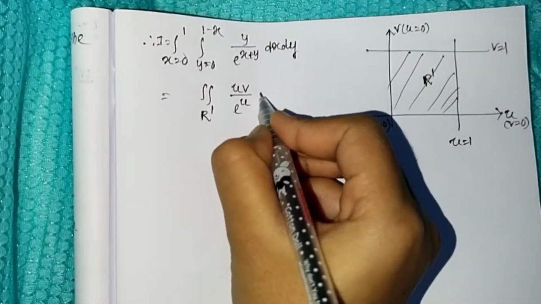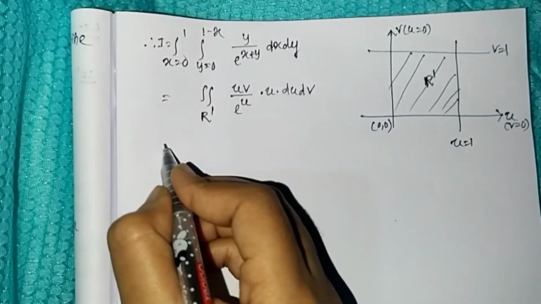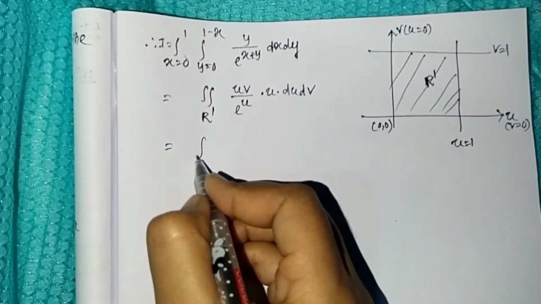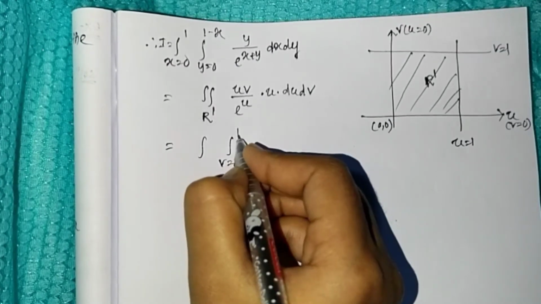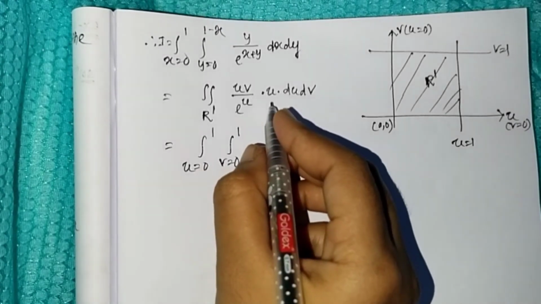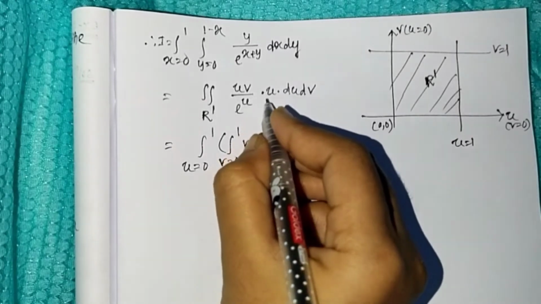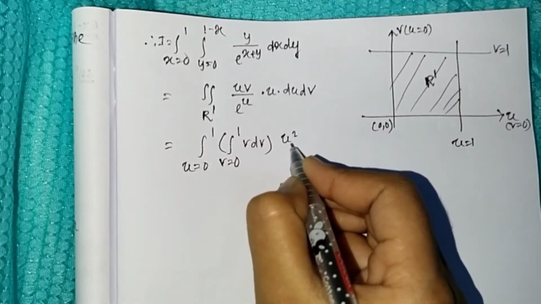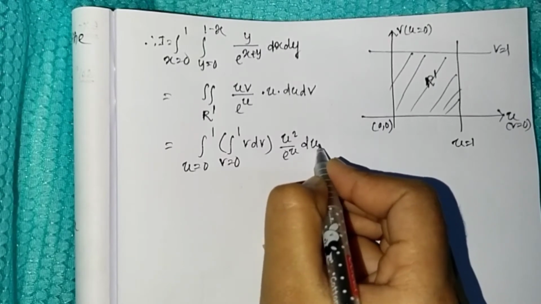Our mod z is u into du dv. Then our limits of uv: v is from 0 to 1 and u is from 0 to 1, and this is v dv, and all outside, that is u square divided by e to the power u du.